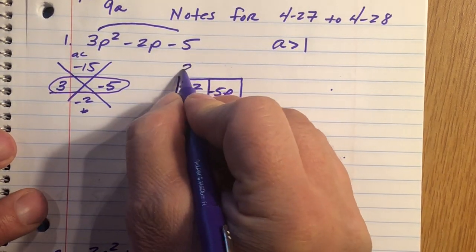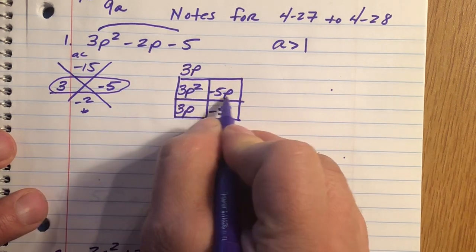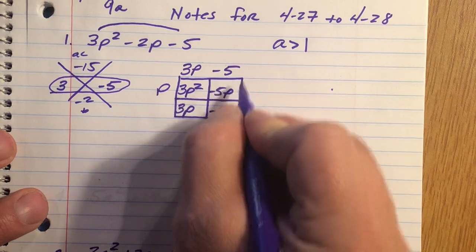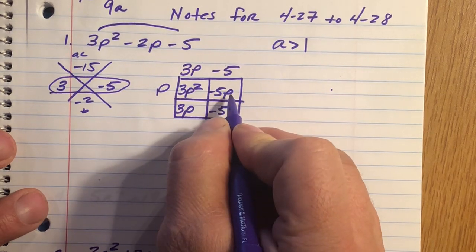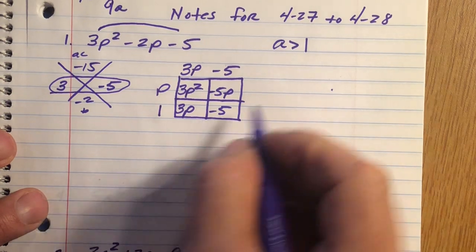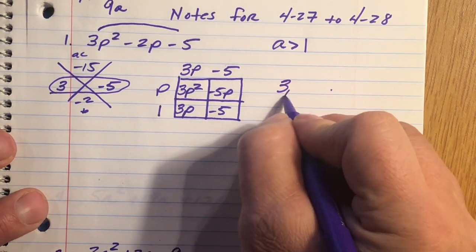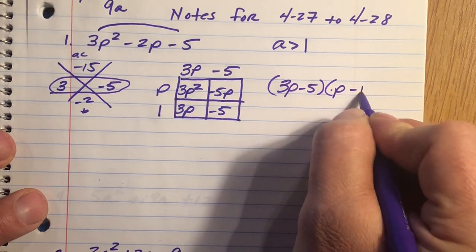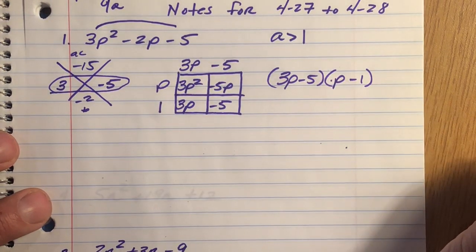So looks like I have 3p. These two have a p. P times negative 5 is negative 5p, and negative 5 times 1 is negative 5. So here are my factors. 3p minus 5 and p minus 1. All right.